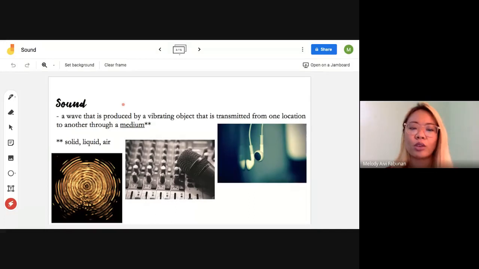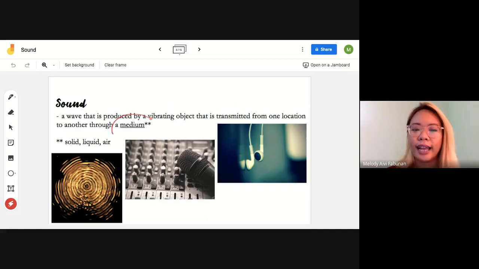And sound actually is very similar to the rippling in the water. It always starts with an object that is vibrating. And because of this vibration, the wave of the sound is transmitted from one location through another through a medium.